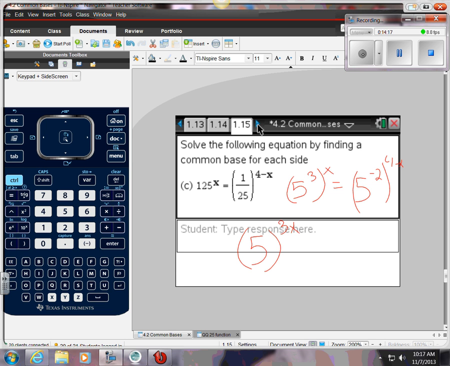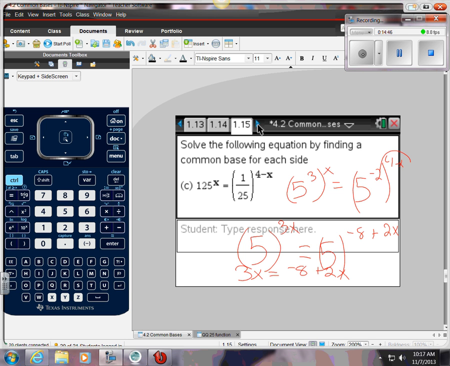We keep our base, so 5 raised to the 3x equals 5 raised to the -8 plus 2x. We distribute the -2, so negative times negative, positive. We have the common base, so 3x equals -8 plus 2x.